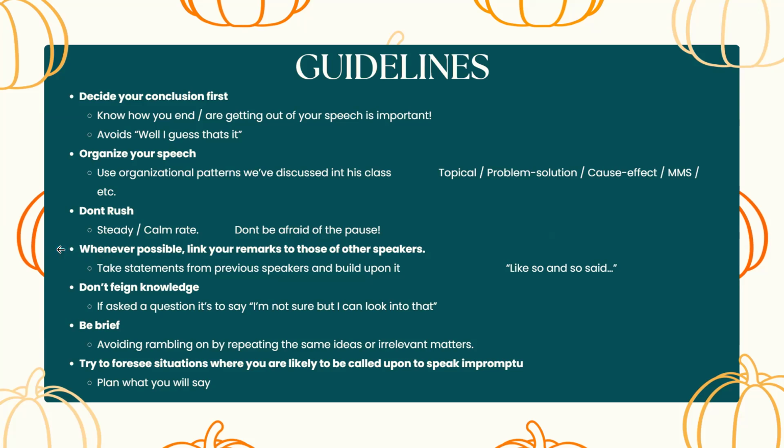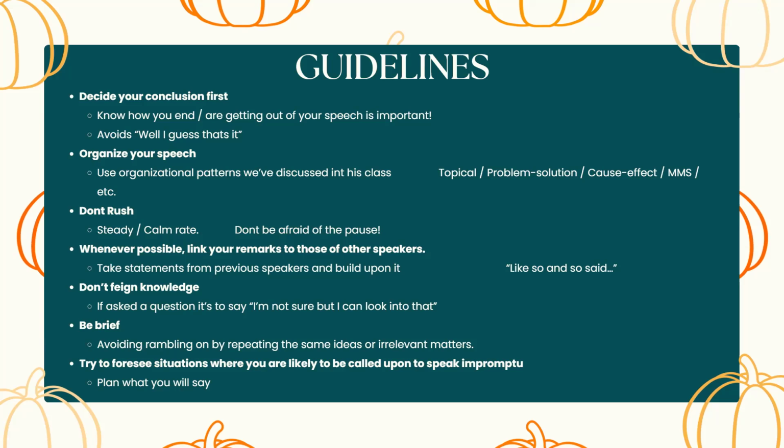Next is whenever possible, link your remarks to those of other speakers. So if people were speaking before you, right, you can take statements from them and build upon it. For example, I think my best speakers I've had were ones that in their impromptu speeches were like, so and so said, college students like us, there's 25%, right? They're not just going to copy, because we all are sitting there listening to everyone.